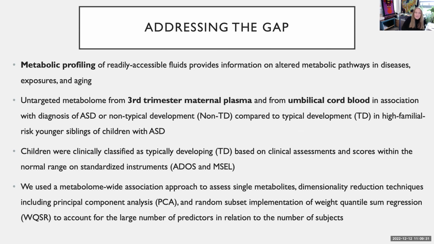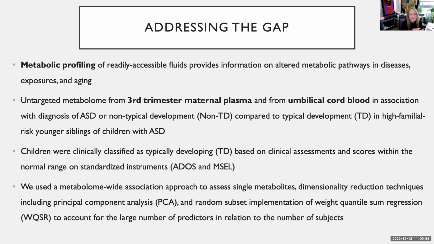To address this gap, we turned to metabolic profiling offered by the CHEAR program of readily accessible fluids, to study what metabolic pathways were altered, if any, between children diagnosed with autism or non-typically developing versus typically developing.